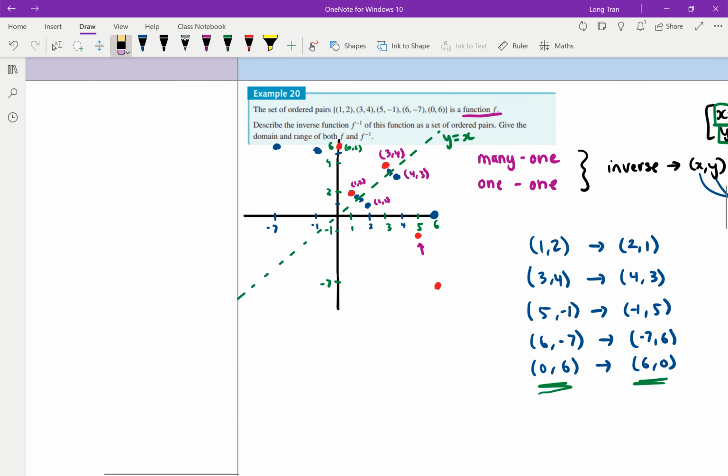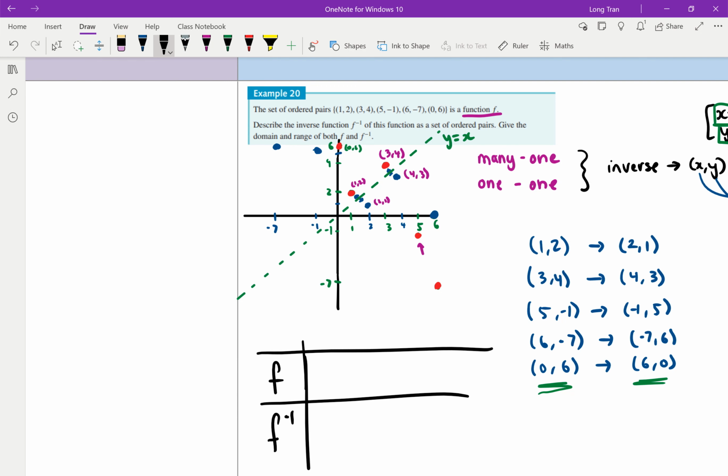And if you were to then describe the domain and range for both the f function and the inverse function, so if we were to do a table of the domain and the range of each, you can see the domain for the red one was clearly from 0 as the lowest x value to the largest x value, 6.